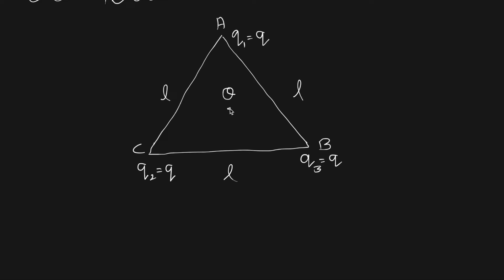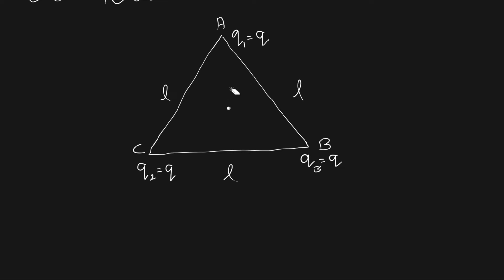It is at the median of the triangle, and simply we have to find the force on capital Q due to these small charges kept on the vertices of it.